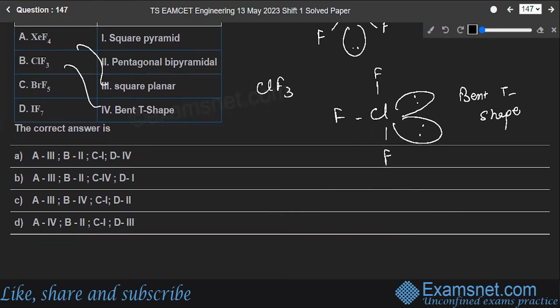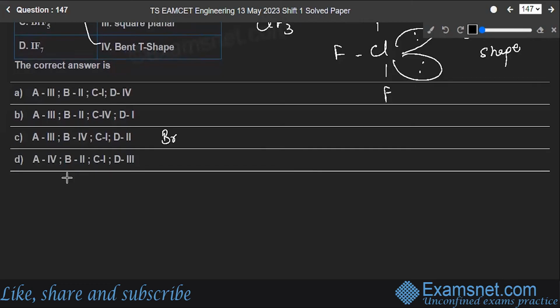Next one is BrF5. So here is your bromine, F, like this. And this. This is square pyramidal.